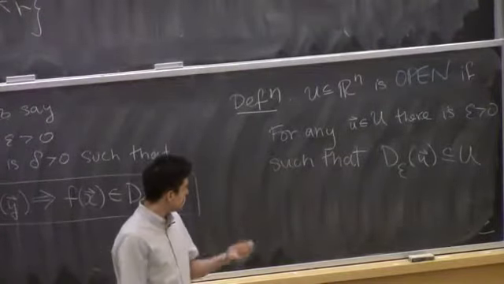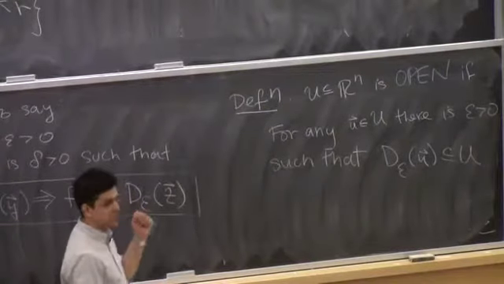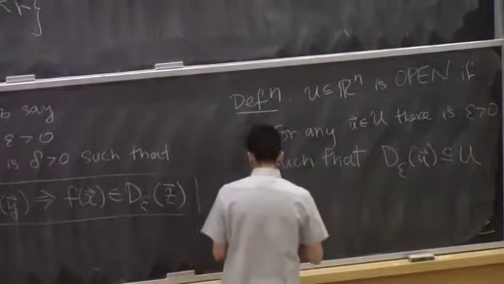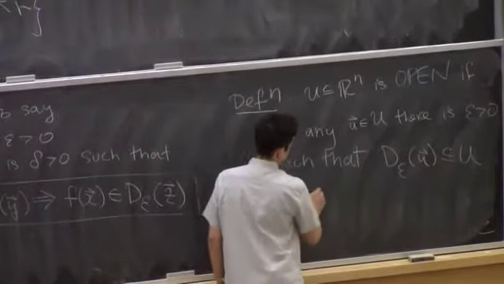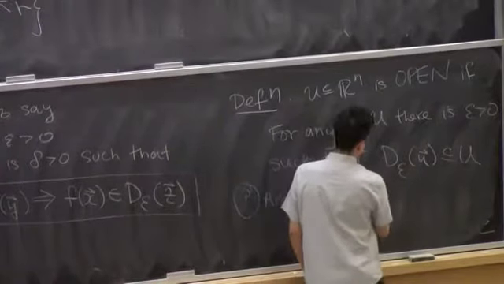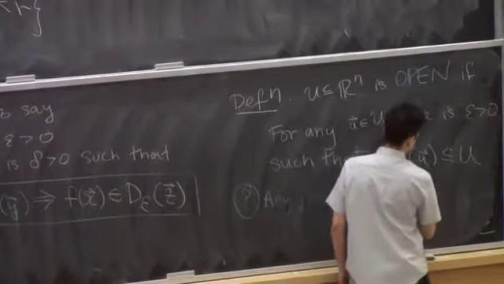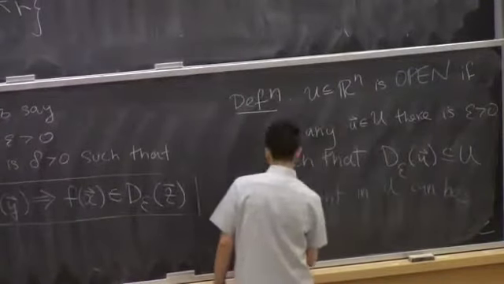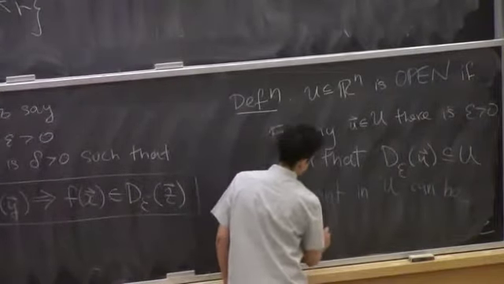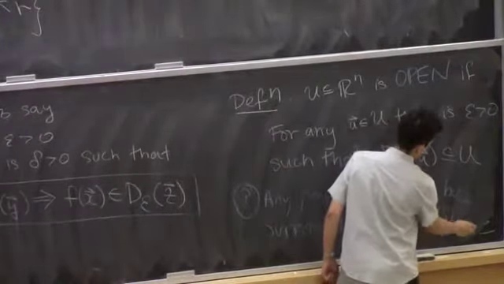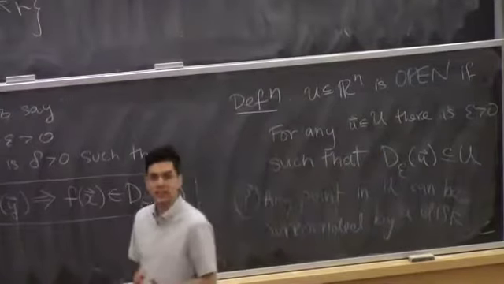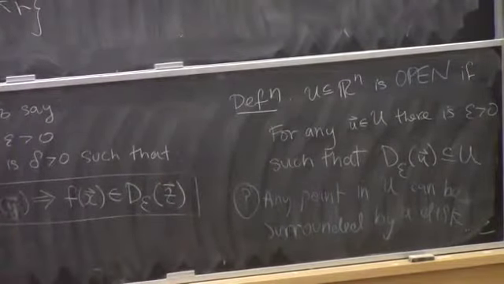So the disk of radius epsilon is contained in our set. Intuitively this means that any point in our set can be surrounded by some disk. So that's the definition of open.